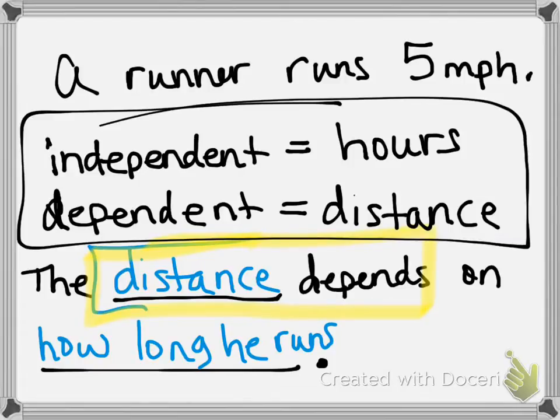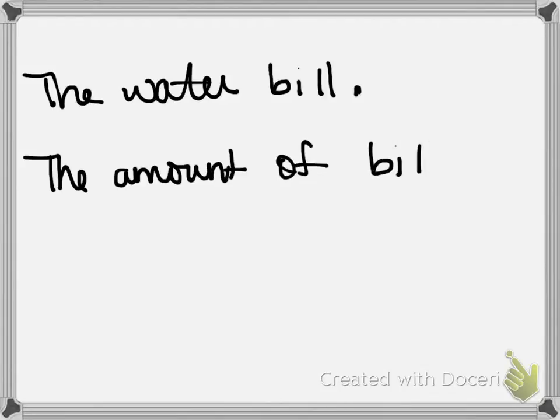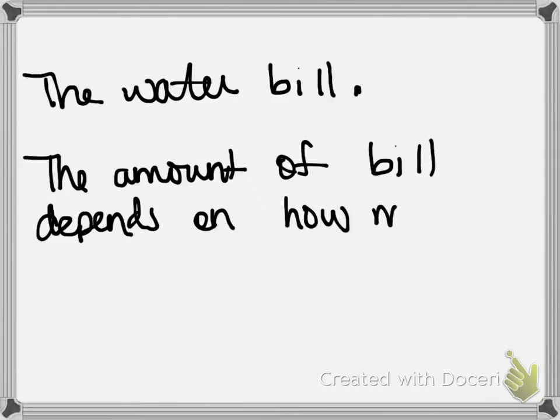Now if you're not given time, for instance, let's say the water bill at your house, well, what does it depend on? So the amount of the bill depends on how much water you use.